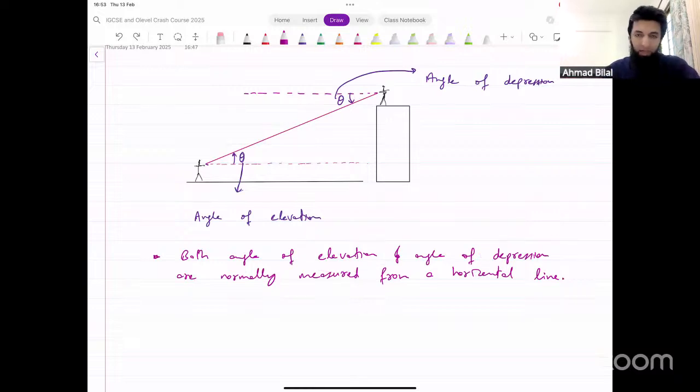Okay. Now, how do you calculate them? Generally, it's going to be a right angle triangle because we're talking about something vertical like this, and then the floor, the surface will be horizontal. So between a surface and a vertical line, the angle is going to be 90 degrees. So in order to find these angles, you just will have to use trigonometric ratios, sine, cos, tan.